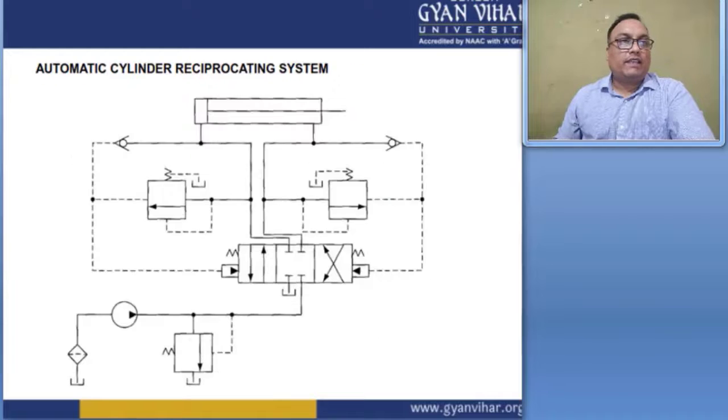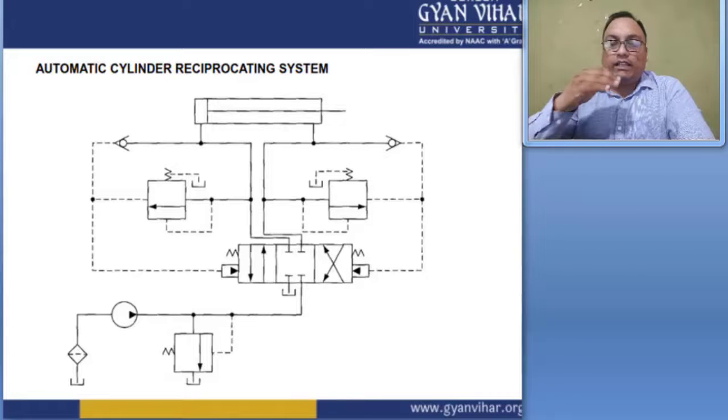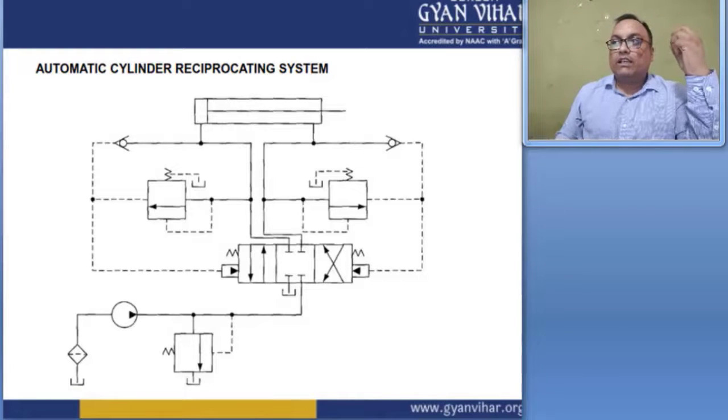This is the case of the automatic cylinder reciprocating system. In this case, the system operates in automatic mode. This circuit produces continuous reciprocation of the hydraulic cylinder, and here only one hydraulic cylinder is used.